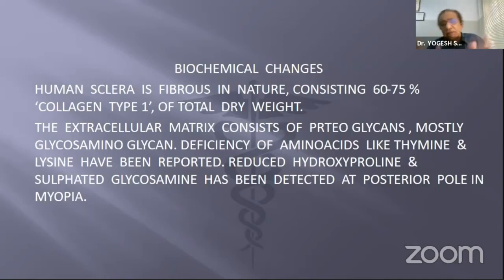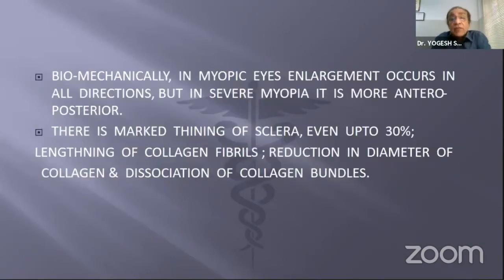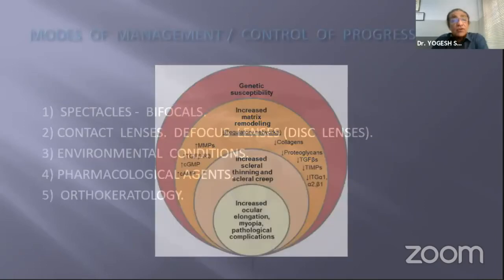These amino acids and proteoglycans help in the formation of collagen, and if they are deficient, the collagen becomes thin and elongated, loses its tensile strength, and is susceptible to the progression of myopia, the enlargement of the eye at the posterior pole. Biochemically, let's skip the rest, it's not important.